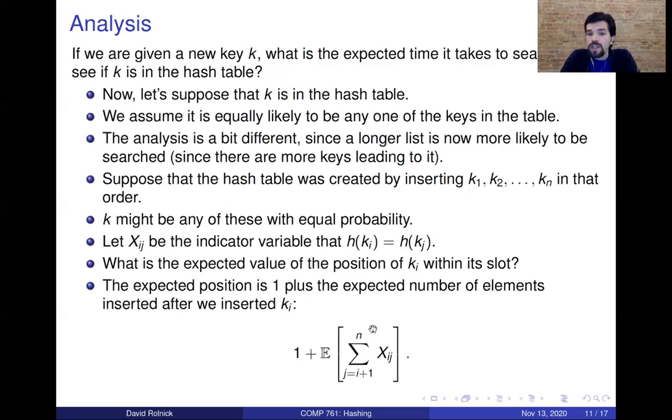If there were no collisions after k_i, if we never inserted anything in the same slot, then we'd have to check 1. The position will be 1. So that's what this 1 is. And then this is just the number of things after k_i that collided with it, the number of things that we inserted in the same slot. Questions?